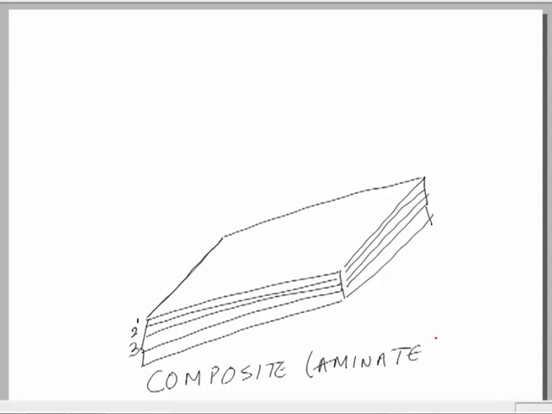Now, in this composite laminate there are 2 ingredients, that is, there can be fibers as reinforcement and there would be matrix. So we have fibers plus matrix which will add up into a composite material.